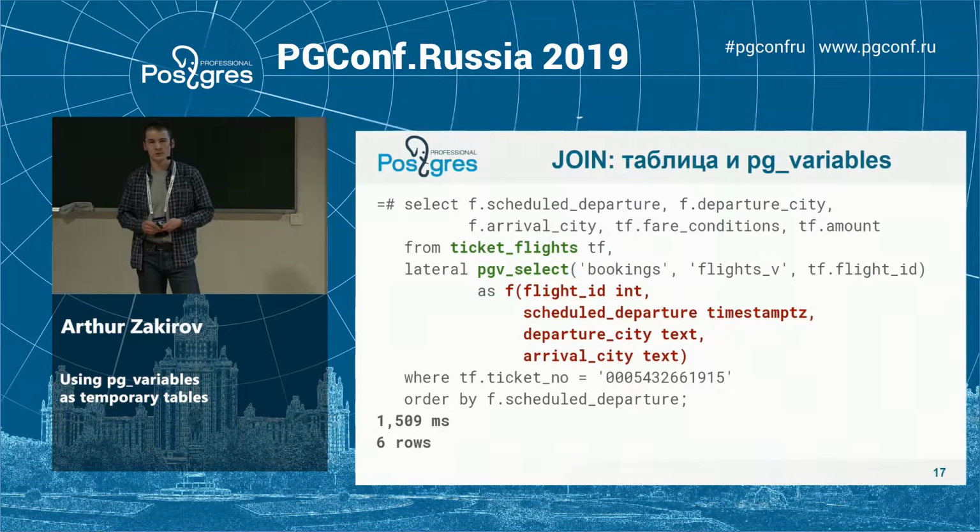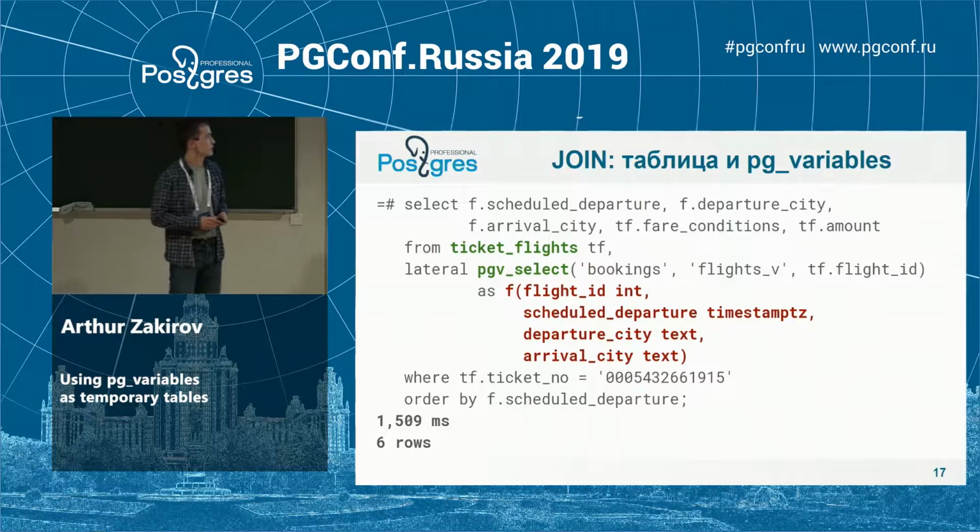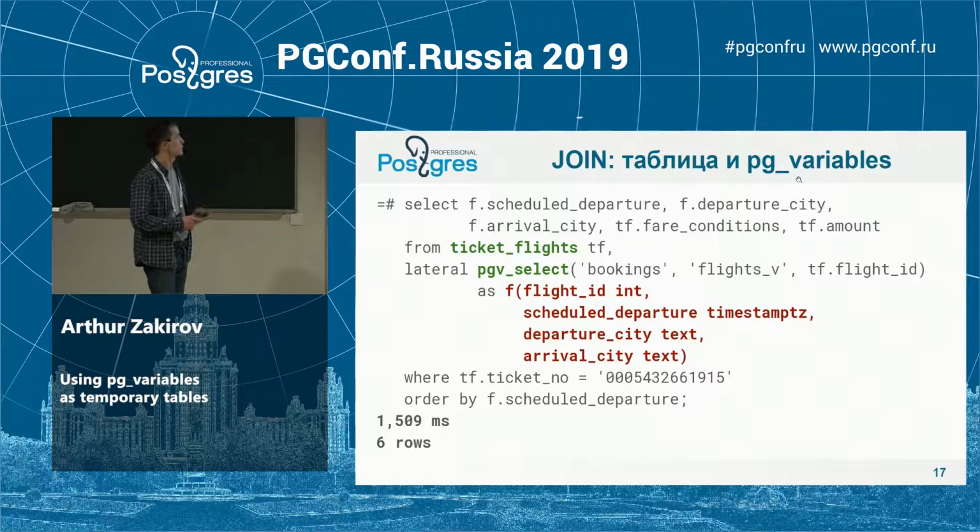It allows us to execute a function for each part of the table, and you can transfer the key by using the attribute of the table. It's flight ID in this case, and entries from ticket flights that correspond to the ticket number, and we have six entries, and we can use function PGSelect for 6 times.